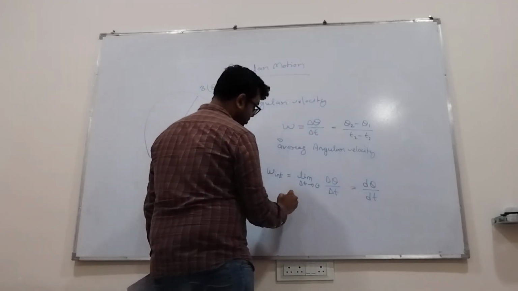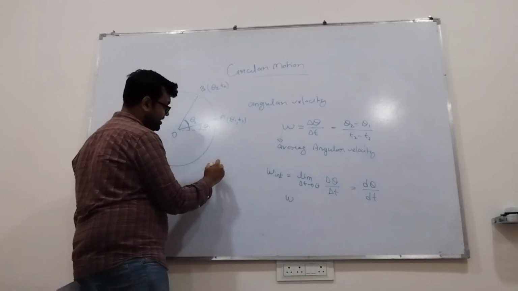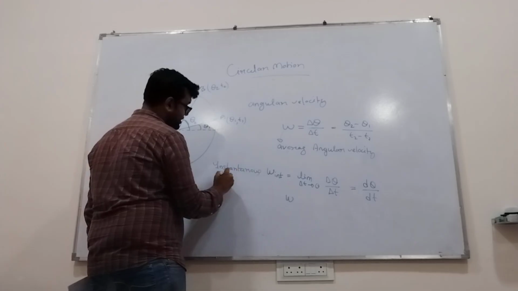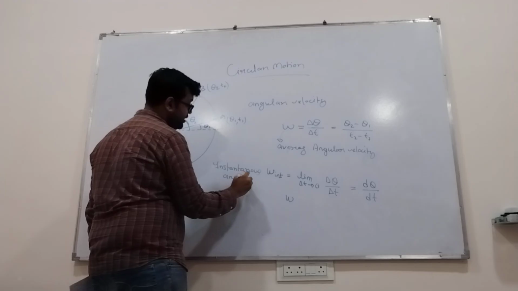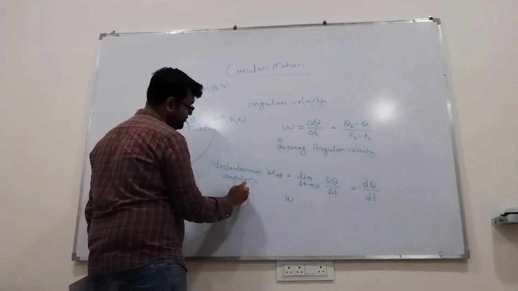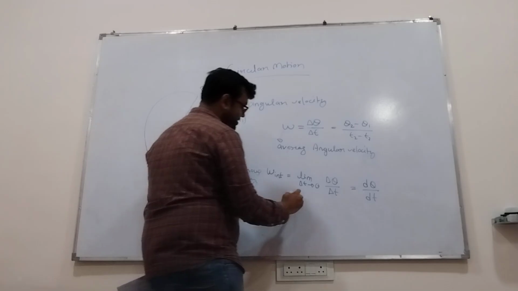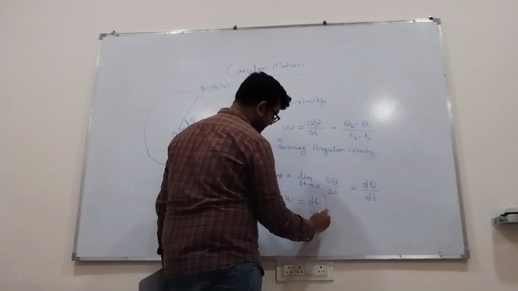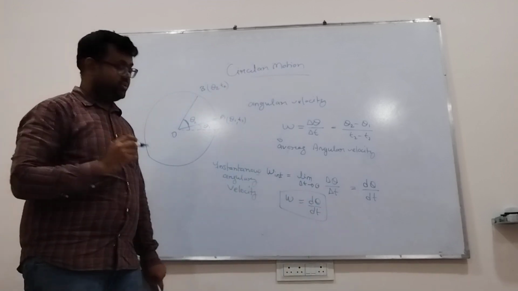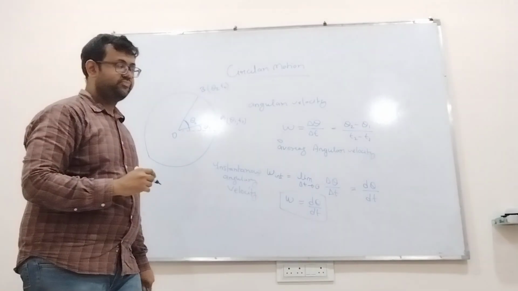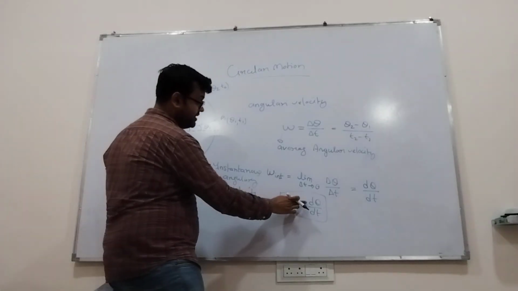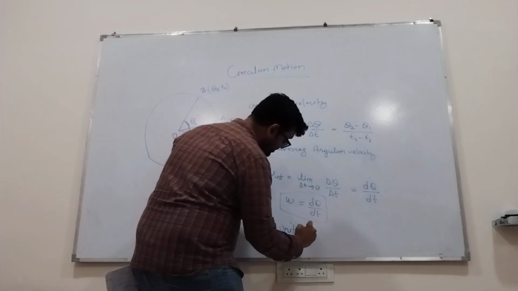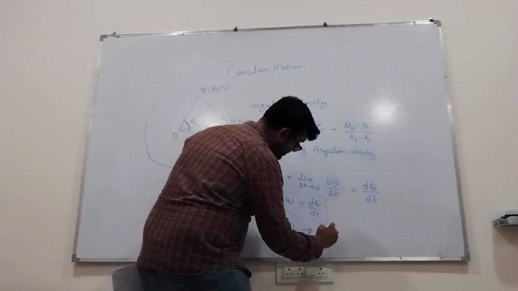So omega is what? Instantaneous angular velocity. Okay, so instantaneous angular velocity is nothing but d theta by dt. So what will be the unit of the angular velocity? It will be radian per second.